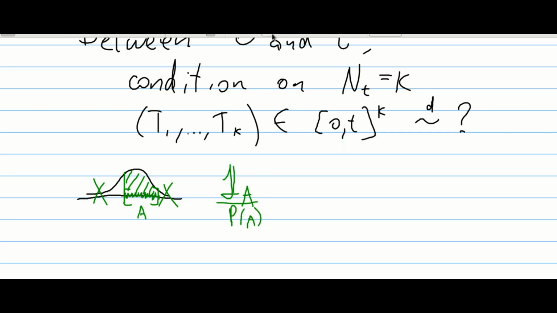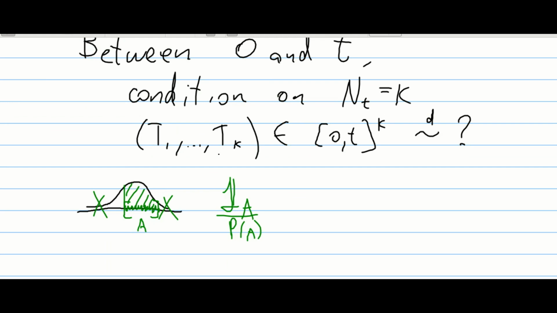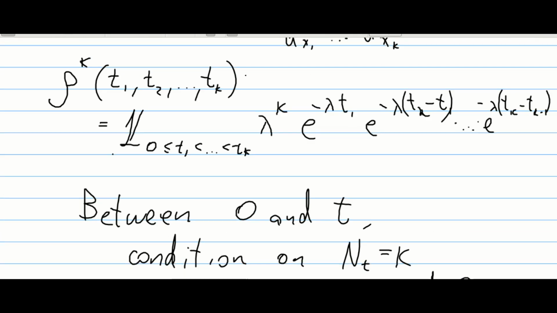It's like you do whenever you're conditioning. You intersect and divide by the probability. But intersecting is multiplying by the indicator function. So you're going to multiply by the indicator function here and see how this goes. One interesting thing is that we can actually calculate the probability of the event as well, because we have the density, right? So we can just integrate.